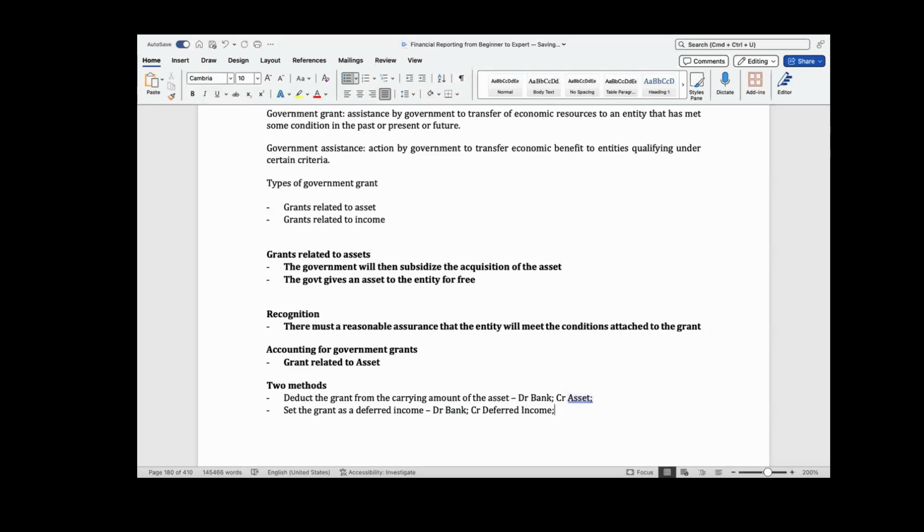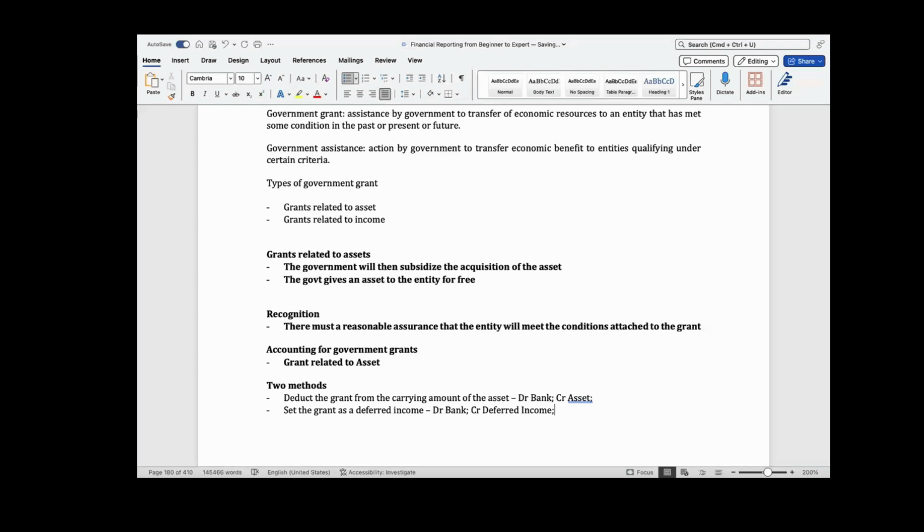Before we move forward, in the introductory aspect of this topic, when you made mention of the government grant and assistance, can we say empirically that government assistance or grants are not redeemable or are not being paid back?